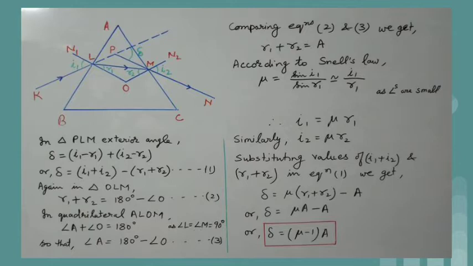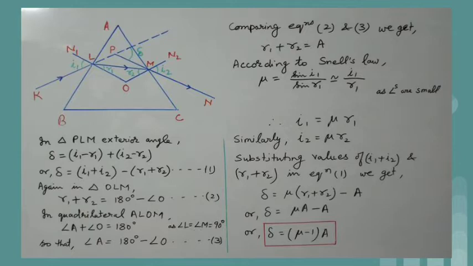Substituting values of I1 plus I2 and R1 plus R2 in equation 1, we get delta is equal to mu times R1 plus R2 minus A, or delta is equal to mu times A minus A. Taking out A being common, we get delta is equal to mu minus 1 times A.